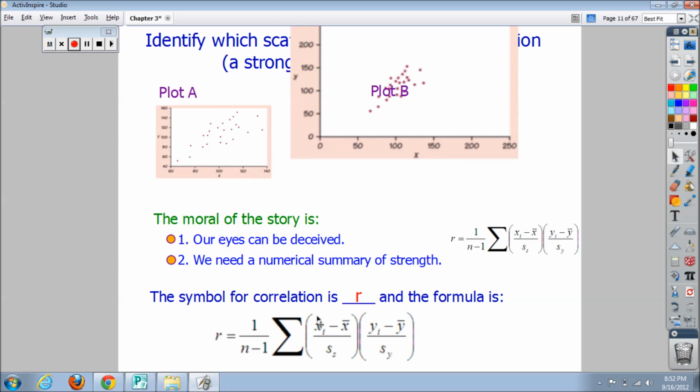Each of these represents z-scores for your x values and z-scores for your y values. It adds them all up and then divides by n minus 1. So in a way, it's kind of like taking an average of the product of all the z-scores. Essentially that is what correlation is.